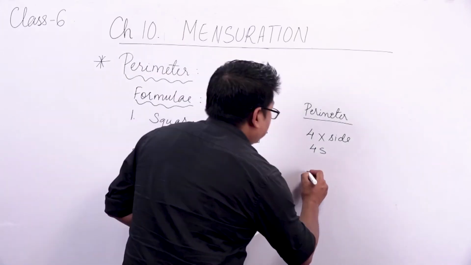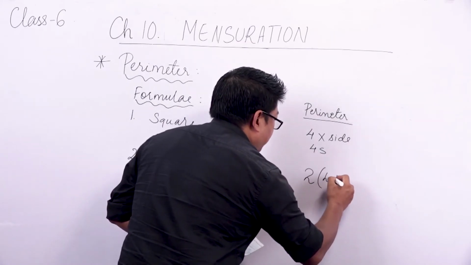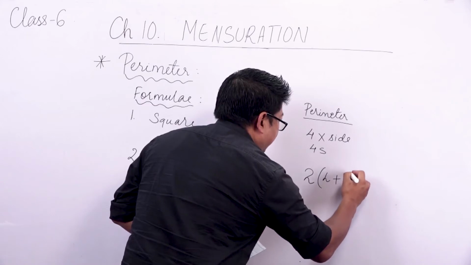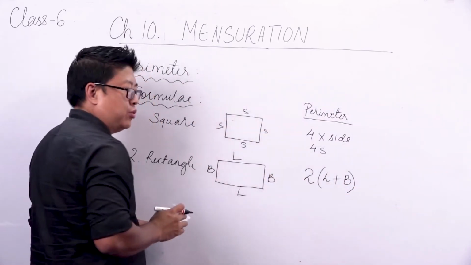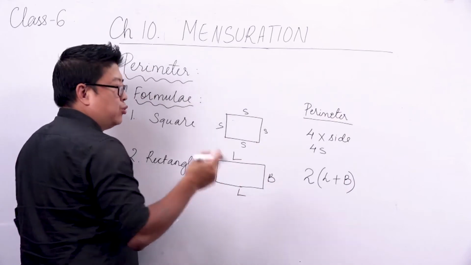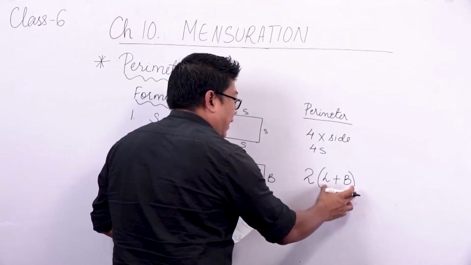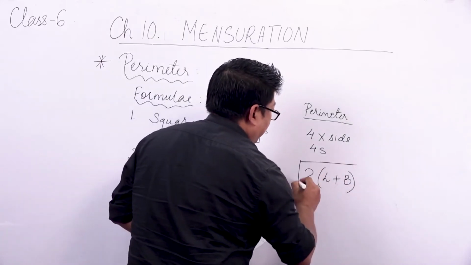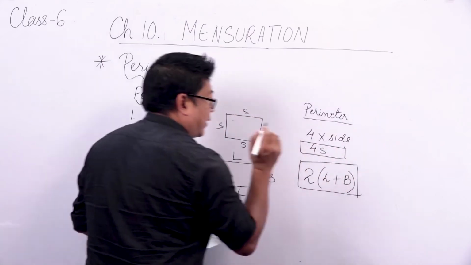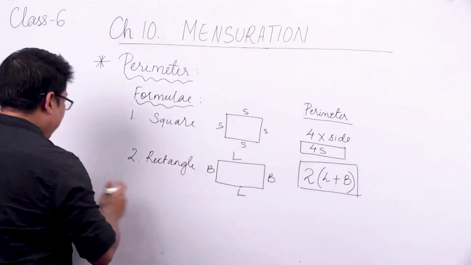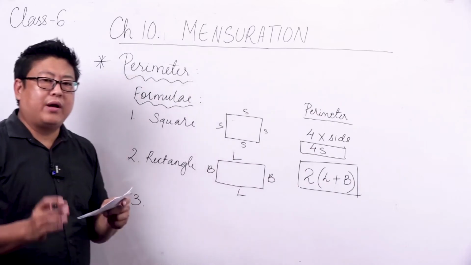The formula for this will be 2 into bracket L plus B. That means add these two and multiply by 2, because you're adding these two twice. So 2 times L plus B. This is your formula for the square and rectangle.